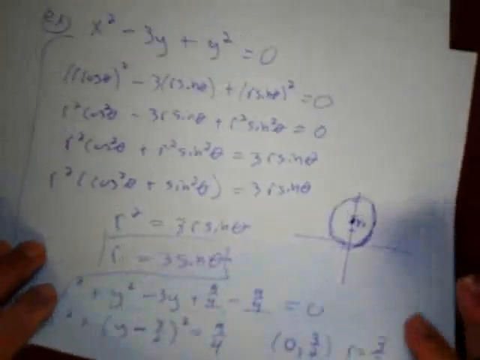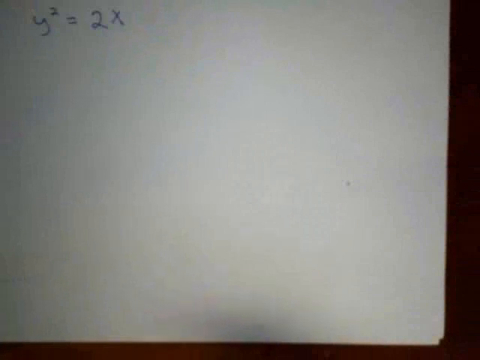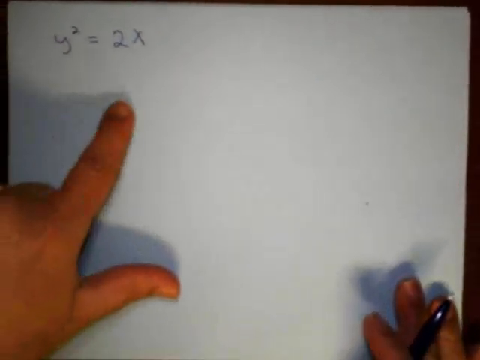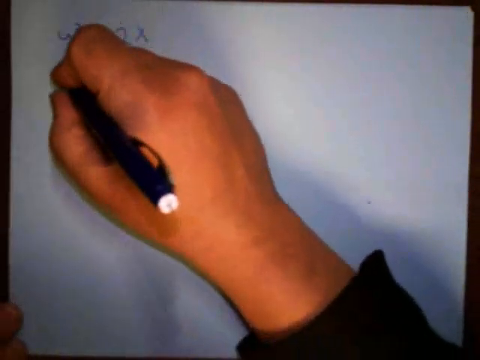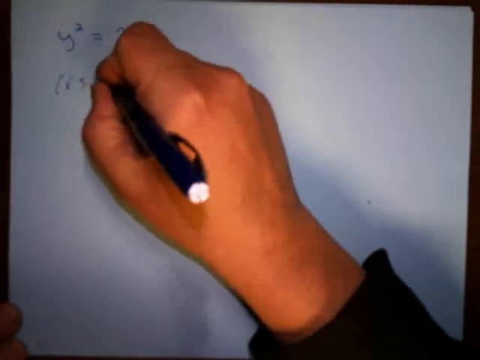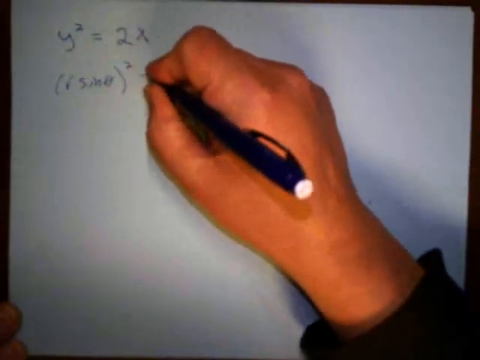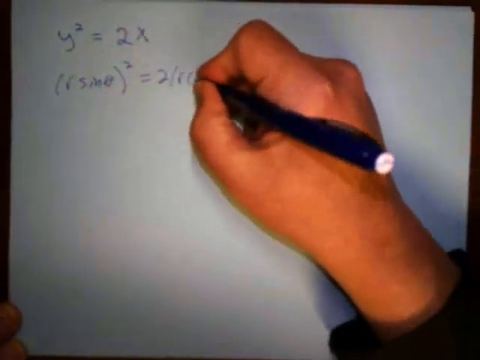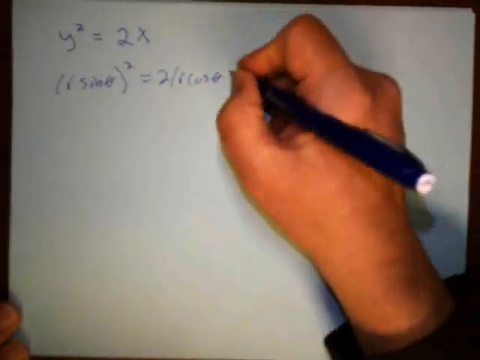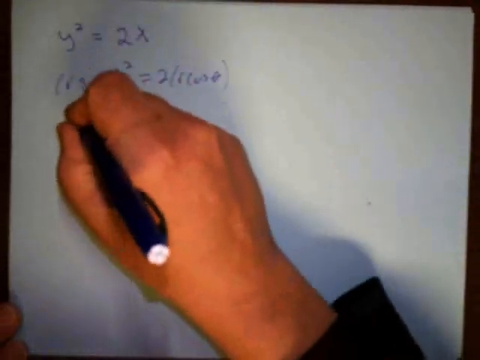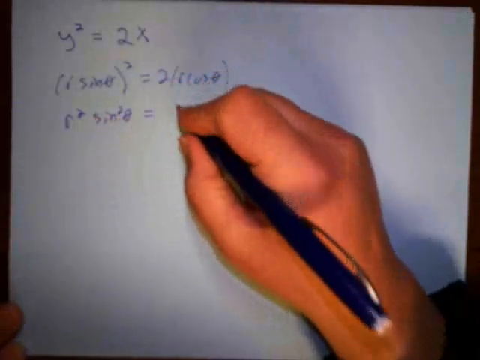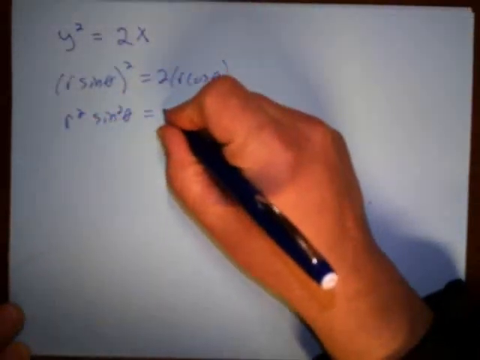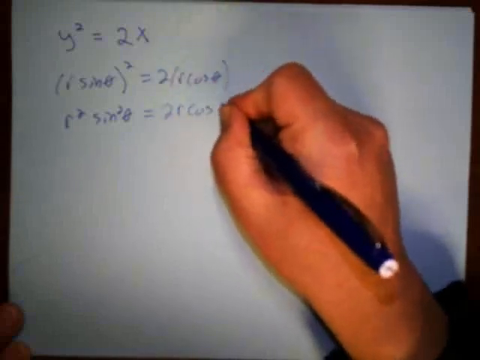Okay, and then this here, this is kind of a parabola. This would end up being a parabola on its side. So let's just plug in r sine theta and r cosine theta. So this would be r squared sine squared theta is equal to 2r cosine theta.